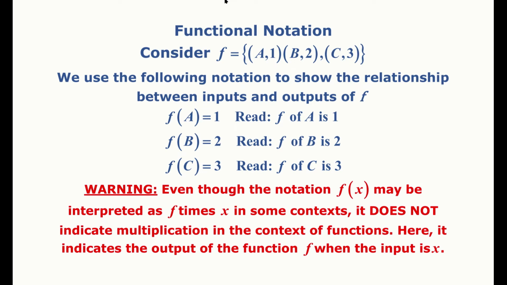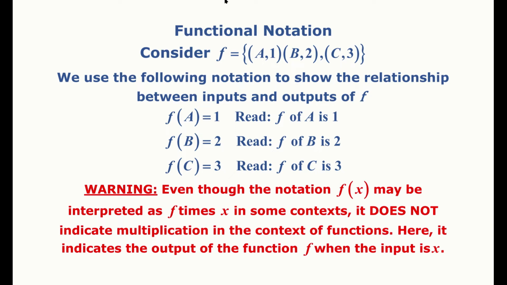There is one other notation that we use to depict functions, and that's called functional notation. Consider this simple function we've seen before that sends A to 1, B to 2, and C to 3, right? We use the following notation to show the relationships between inputs and outputs of this function f.